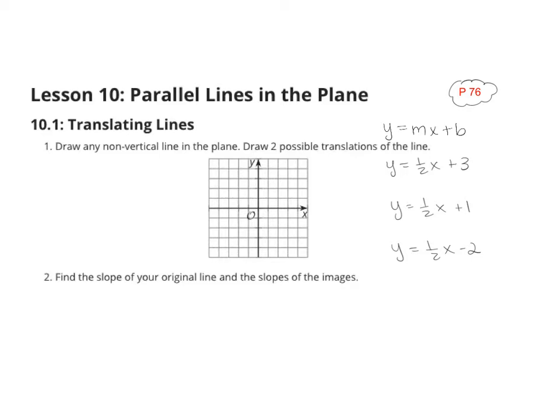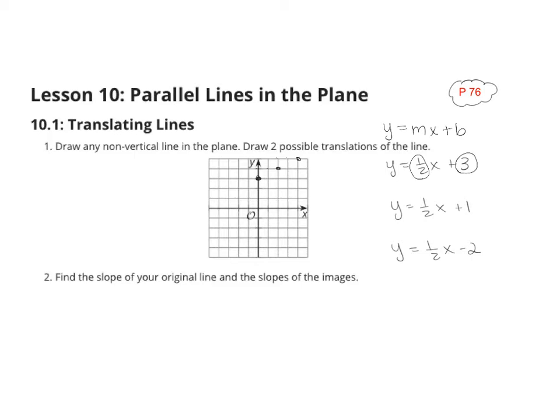So let's graph them. The first one has a slope of 1/2 and a y-intercept of 3. So in my graph, I go up to my y-intercept of 3 and I put a dot, and then I use my slope. It's a movement of 1 up and 2 to the right, and 1 up and 2 to the right.